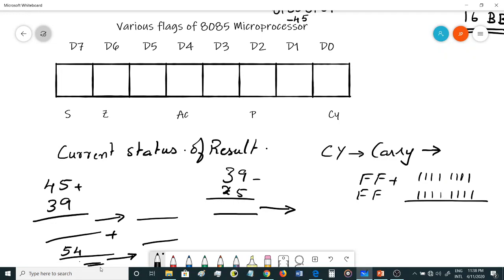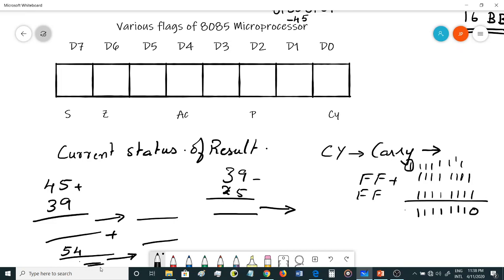When you add these two numbers, you get 1 plus 1 is 0, there is a carry 1, and so on, with a carry generated at each bit, until the last bit again gives a carry.